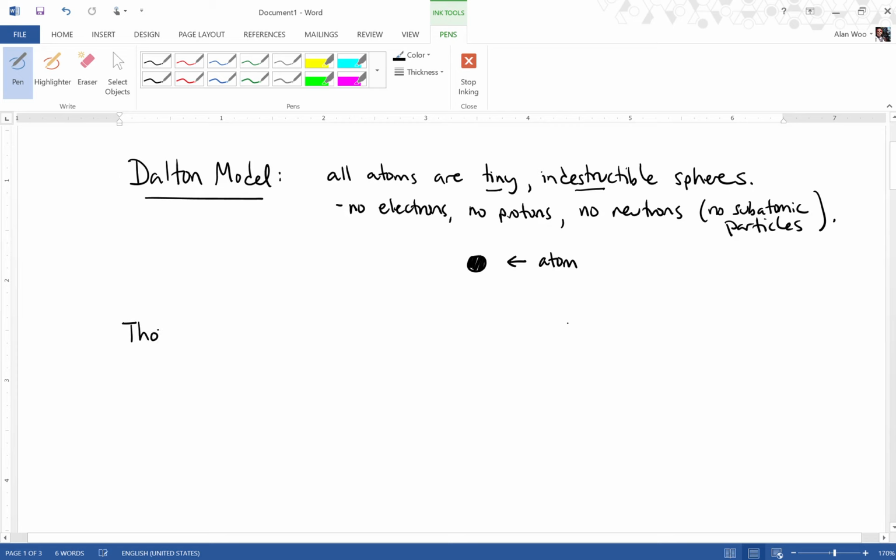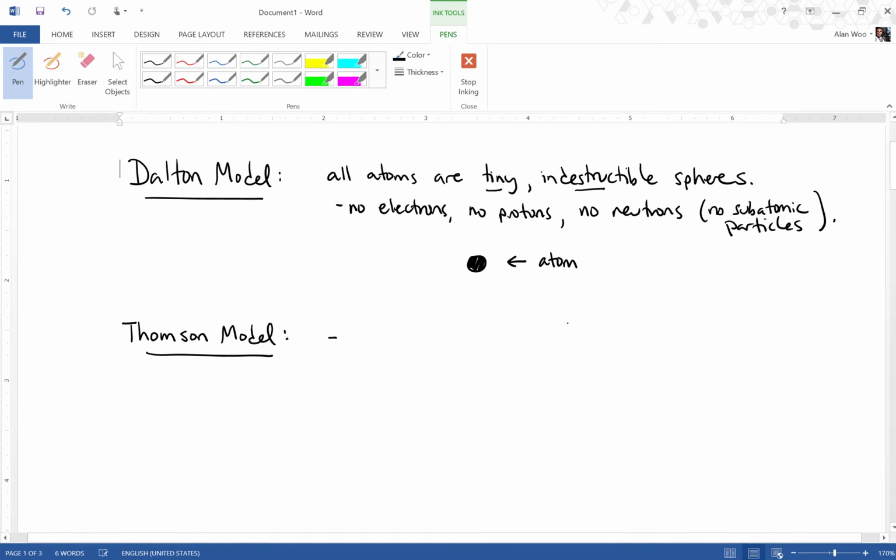And the upgrade came from a man named Thomson, and thus it was called the Thomson model. In the Thomson model, we finally started peering inside the actual atom and found that there were subatomic particles.